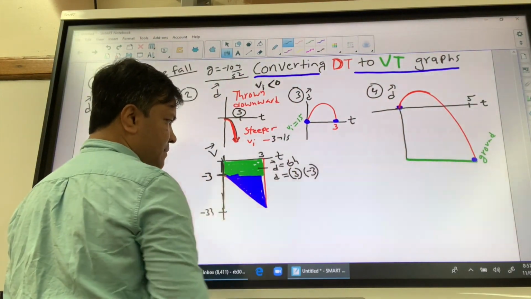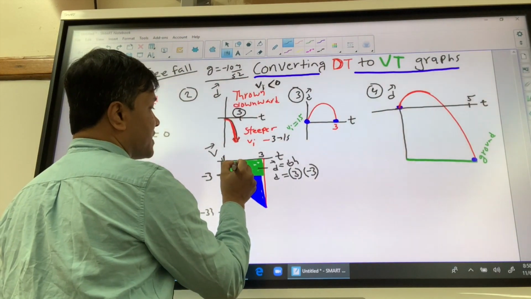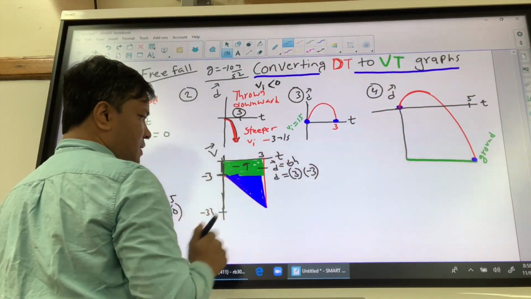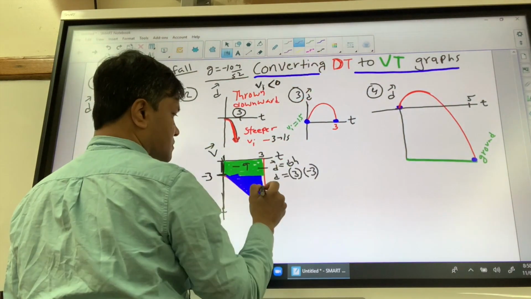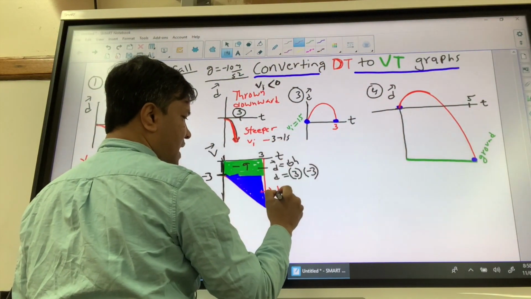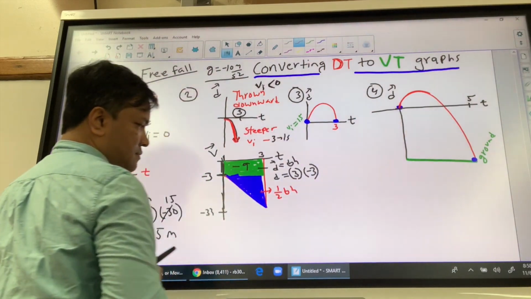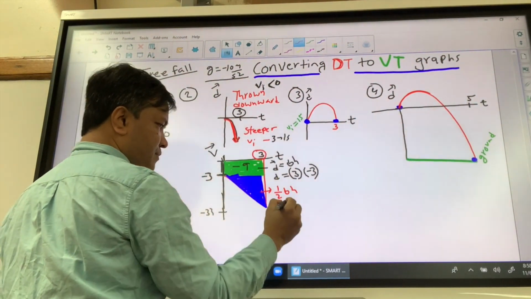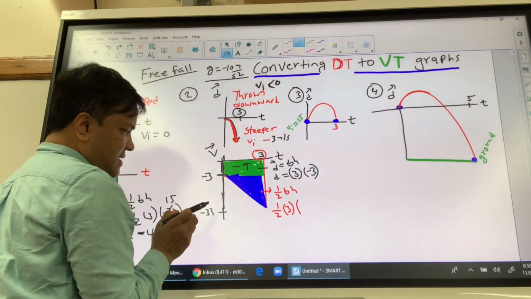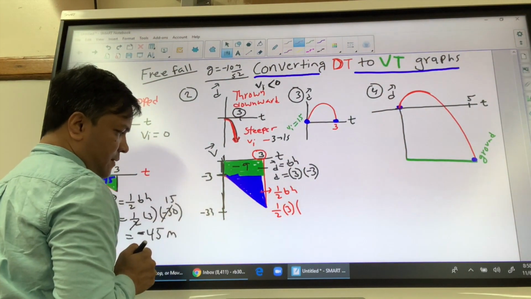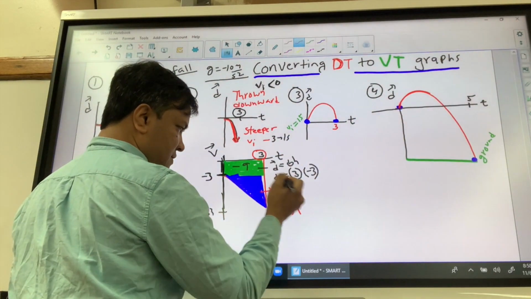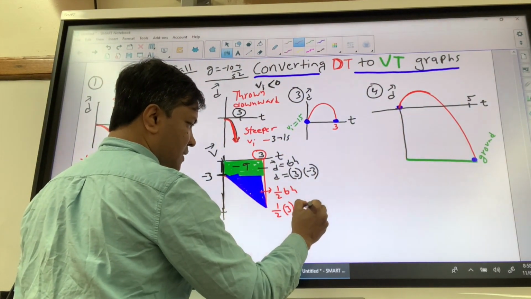So this is negative 9. I'm going to write negative 9 here. Now I'm going to find this one. This one is half bh. So half, base is 3, and height is negative 33 minus negative 3, which is minus 30.